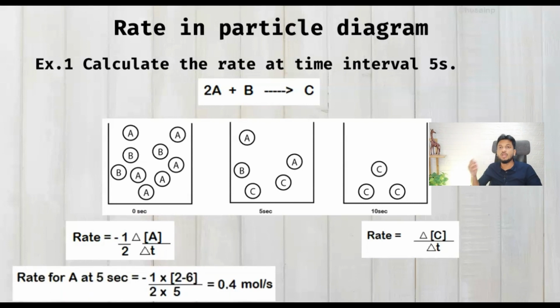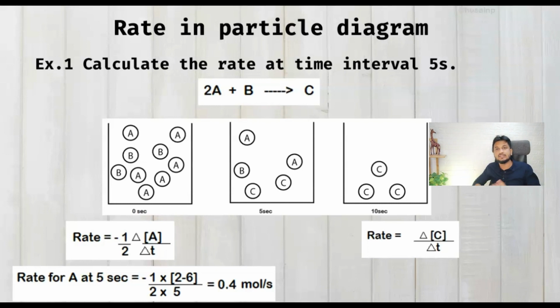Remember, it's a reactant. Over 2 times the change in time. The change in time will be 5 because 5 minus 0 seconds is 5. So 4 over 2 times 5, which is 4 over 10, my bad, because 2 times 5 is 10. We will get 0.4 moles per second. So that's the rate in terms of A.